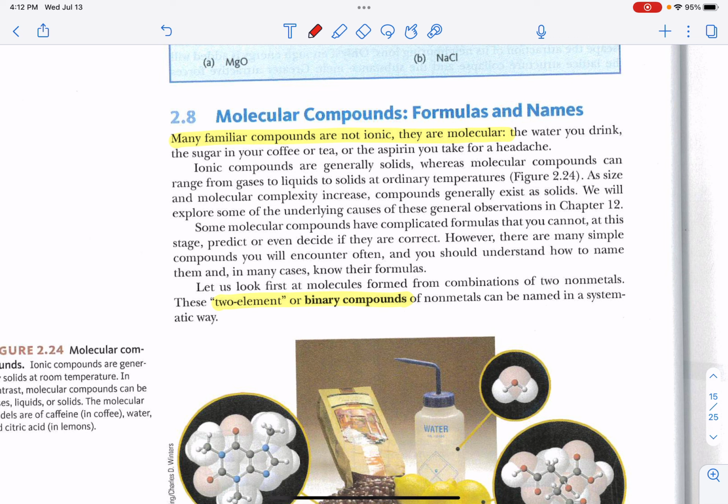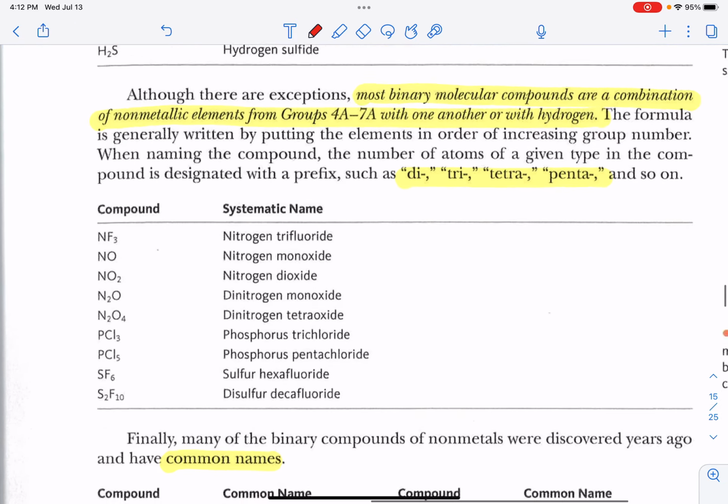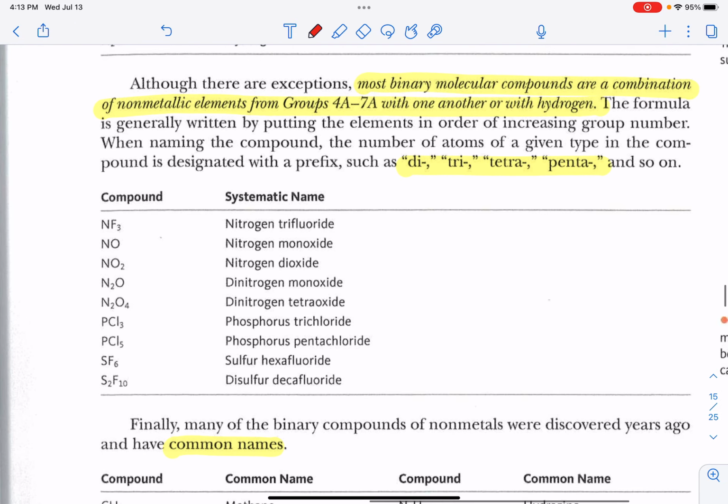Molecular compounds, when we talk about two elements combined together by a covalent bond, that's a binary, meaning two elements. And this is where you're going to use your prefixes right here. And you need to remember what these prefixes are.